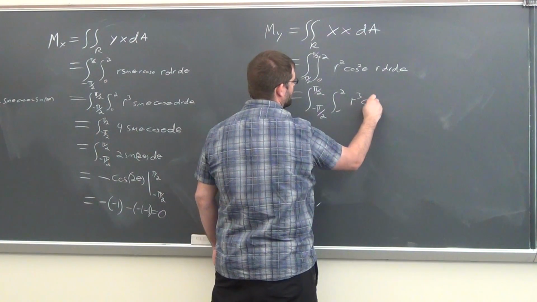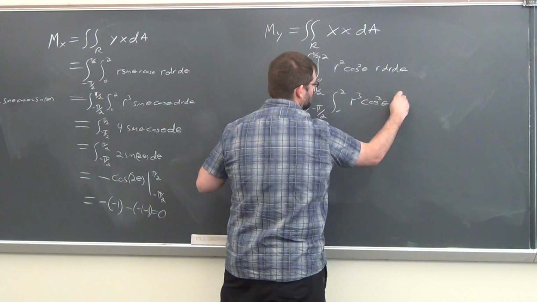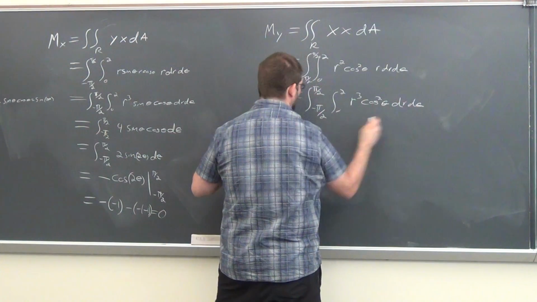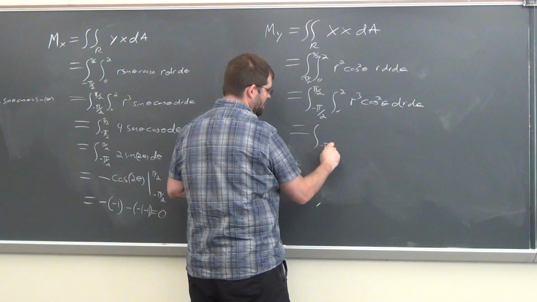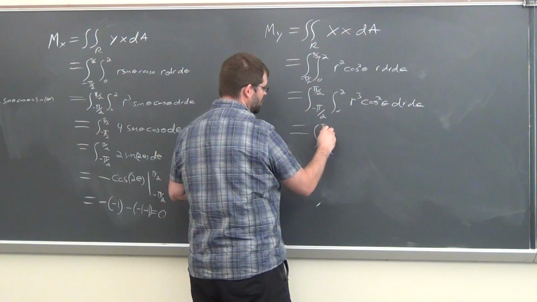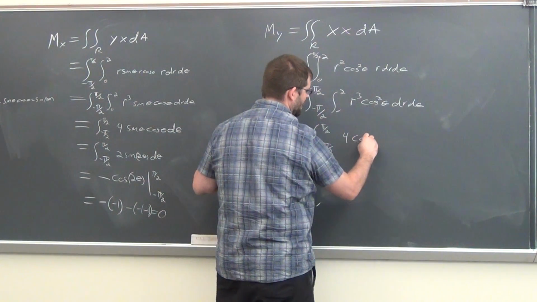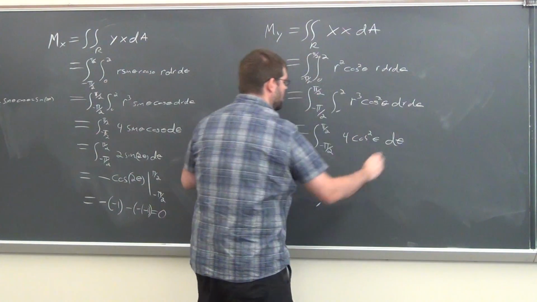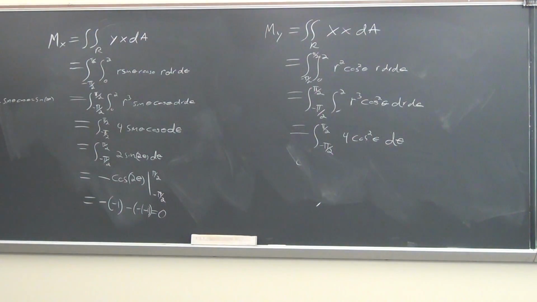So r cubed. Okay, so just like the last one, when you integrate that r, you should end up with 4, in this case, cosine squared. How do we integrate cosine squared?